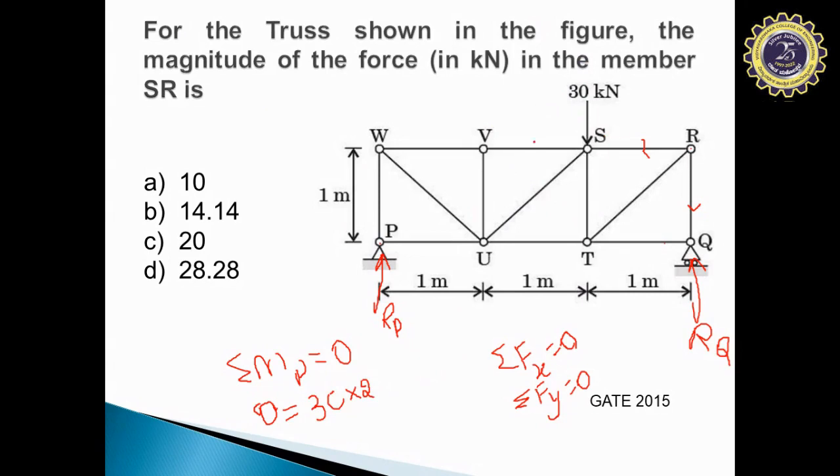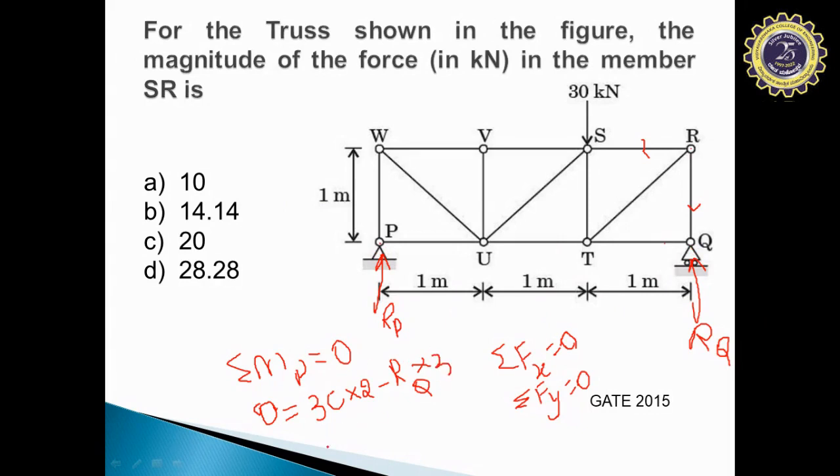Okay, so we have considered one load and now we are left with the unknown reaction, that is, the reaction at Q. Now reaction Q makes an anticlockwise moment around P. Hence it will be negative, minus RQ, the unknown magnitude that we need to find, multiplied by the distance between the point P where you are taking the moment and the point Q where the reaction force is. It is 1 plus 1 plus 1, that is 3.